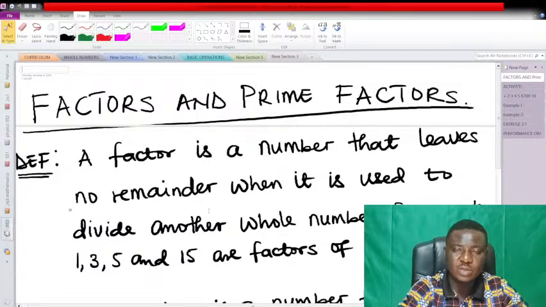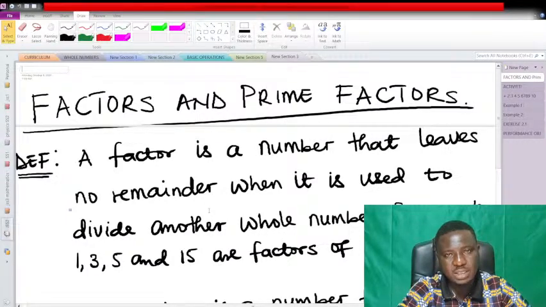Dividing 15 by 2 gives you 7 remainder 1. So when you divide a number by a smaller number and you end up having a fraction or a decimal, such numbers are said to be non-factors of that number. So once again, factors are smaller numbers that can divide a bigger number without a remainder.